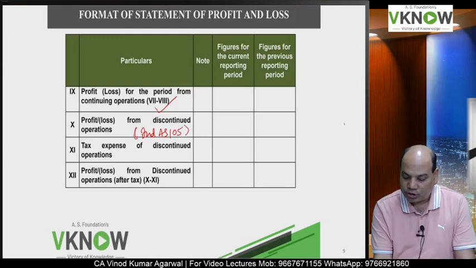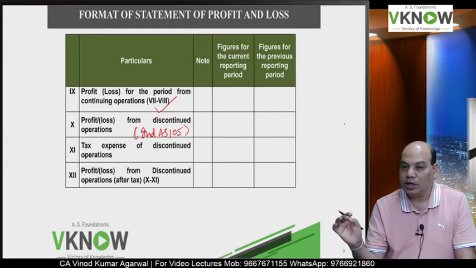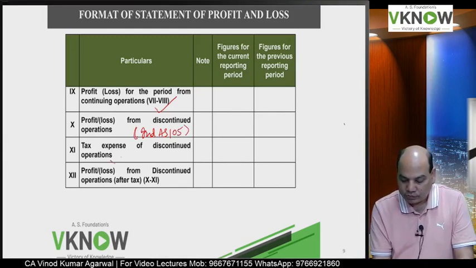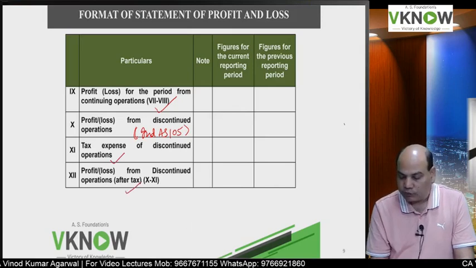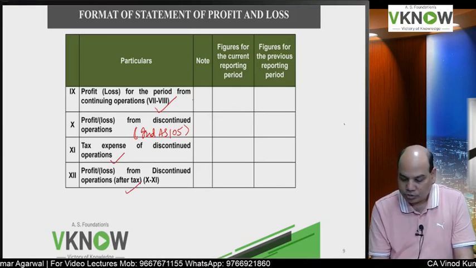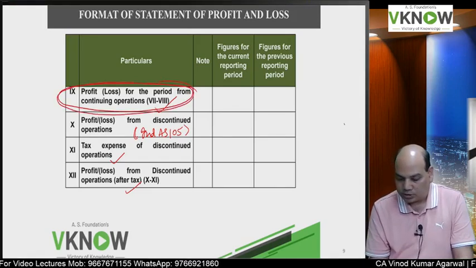you keep writing so that you will remember the numbers. That is, we will calculate any profit or loss from discontinued operation before tax, tax expense of discontinued operation. You will get profit or loss after tax from discontinued operation. So paragraph 9 on the screen is profit or loss after tax from continued operation.